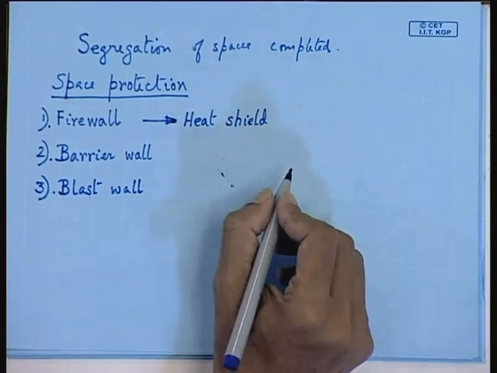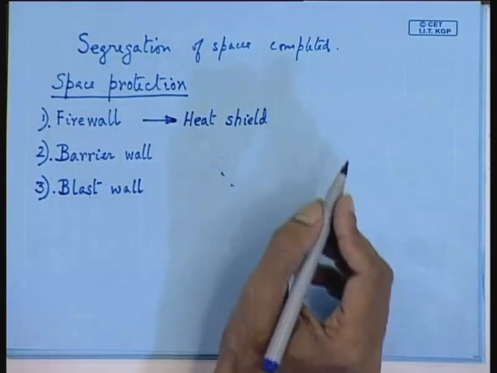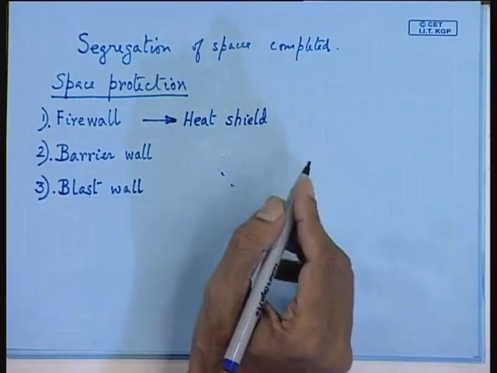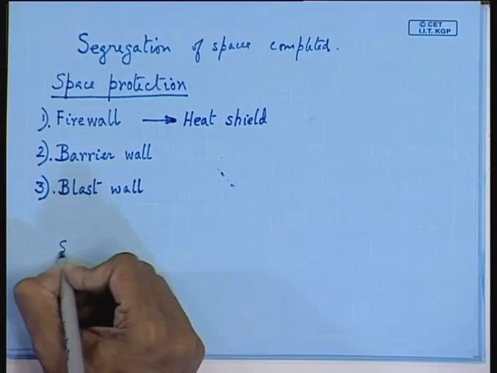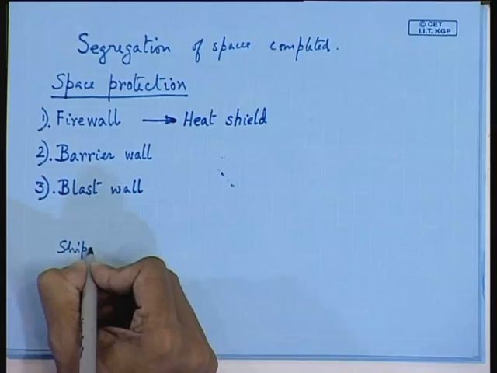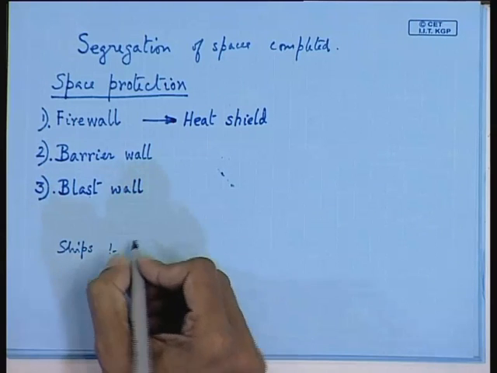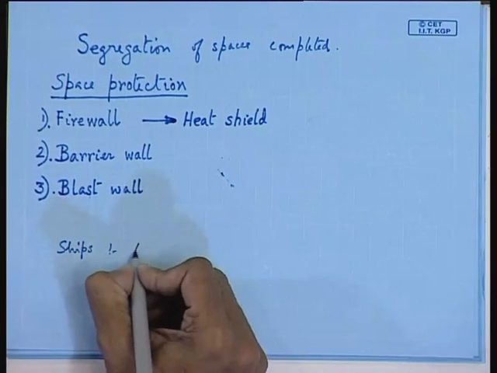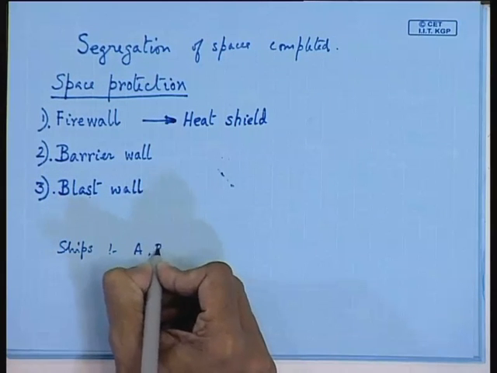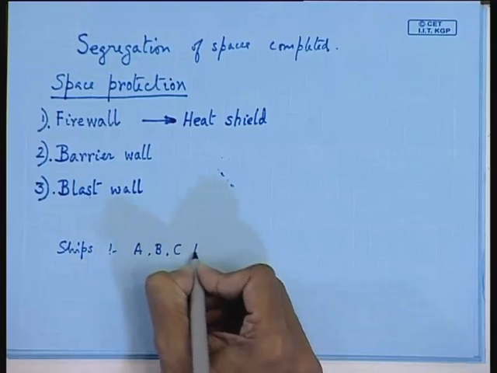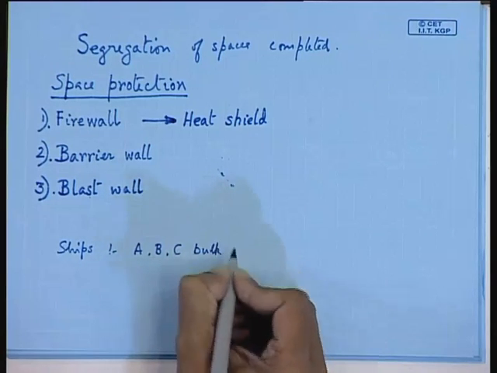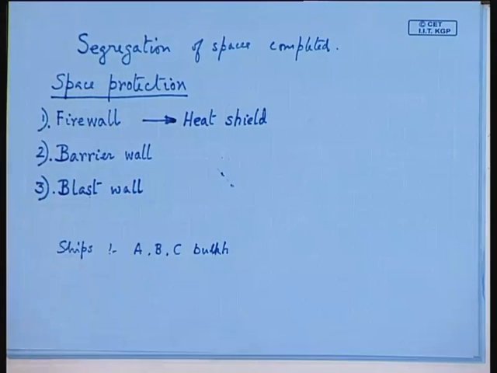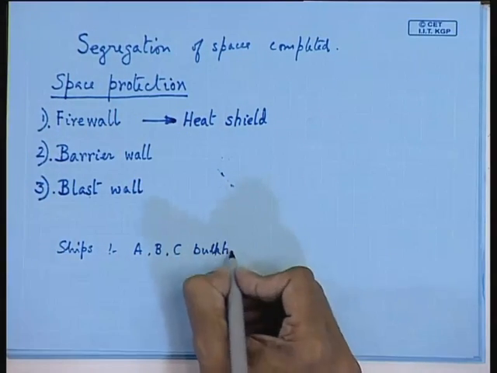Now this is similar to your ship's GA. Whenever we do the general arrangement drawing of any ship, you will come across these 3 types of bulkheads. In your ship design you will come across the ABC bulkheads. So these are similar to that. Instead of bulkheads they are calling them firewalls, but their construction is different from simple bulkheads.